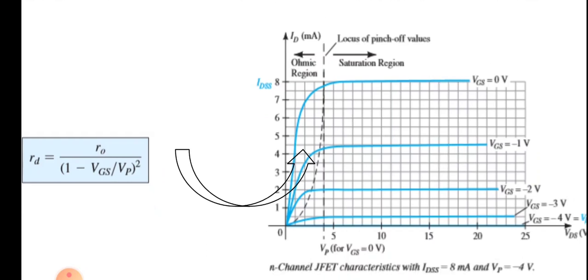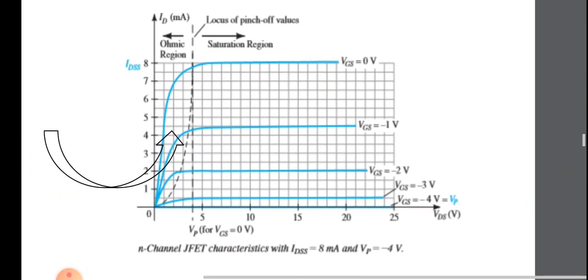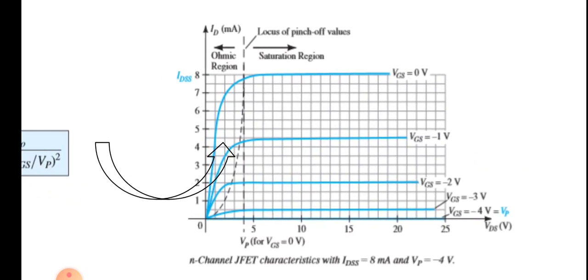And once the VDS crosses this pinch off voltage, there is no change in the current, and that region is called the saturation region. So in the saturation region, there won't be any change in the amount of current. Another region is the cutoff region. That is going to happen only if you apply VGS equal to VP, that is the pinch off voltage. So there won't be any current.